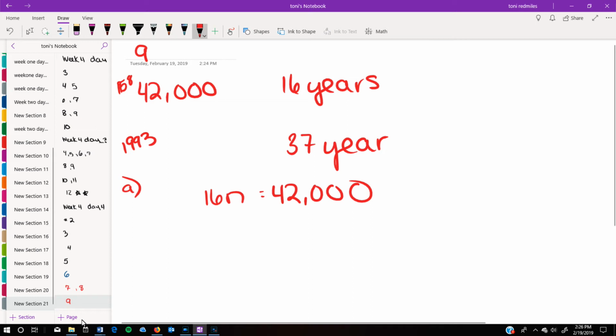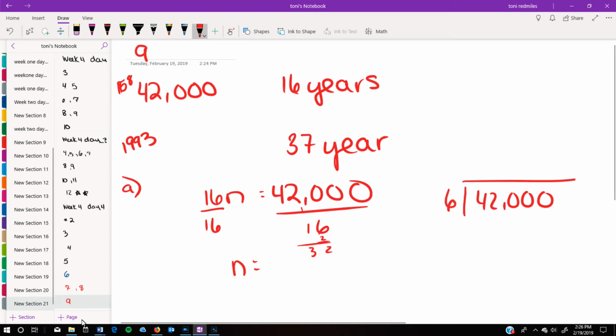All right, so the 16 is being multiplied, so I'm going to divide. Okay, so 16 can go into that. Let's do it this way. 3 would be 48. It's 16, oh, that's why. Okay, so 3, 4, that's too high. So I know I need to go down to 2.